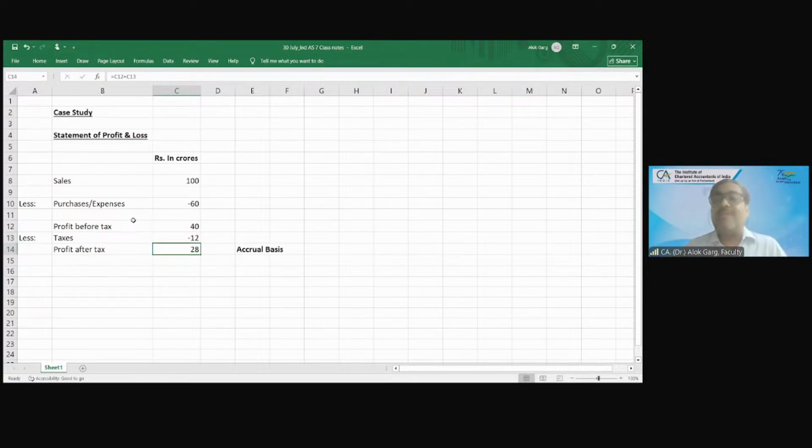After looking at this P&L, profit and loss, what is your first impression? This is a profit-making company. There is a 40% margin before tax. The company is earning 40% on the revenue. And after tax, it is a 28% margin.